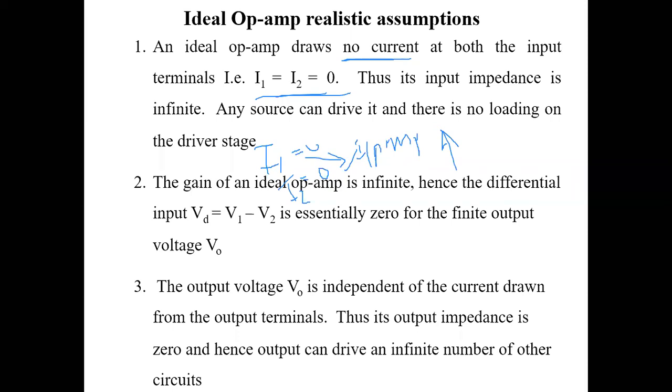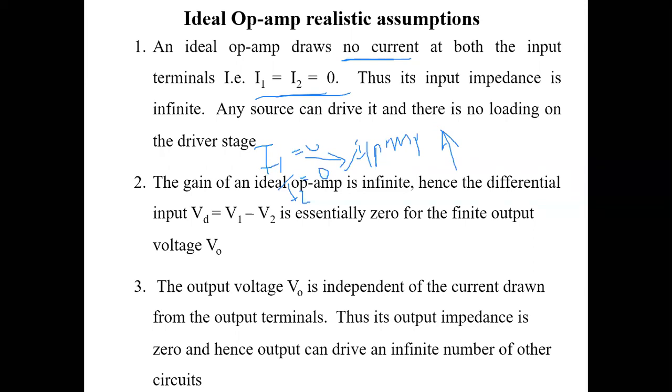So these are the three assumptions that we have to keep in mind. The op amp doesn't draw any current, so I1 is equal to I2 is equal to 0. The differential voltage V1 minus V2, which is nothing but Vd, should be equal to 0 for finite output.